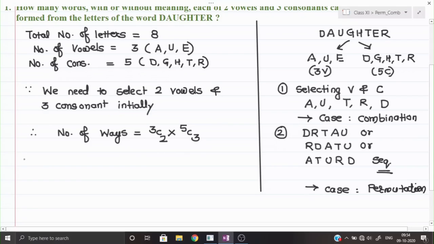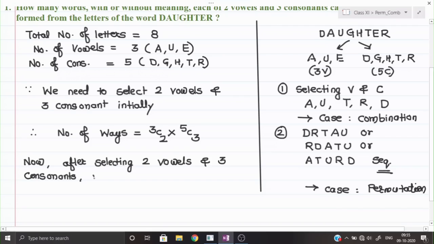Now what we are doing? Now after selecting two vowels and three consonants, we make a word, with or without meaning.